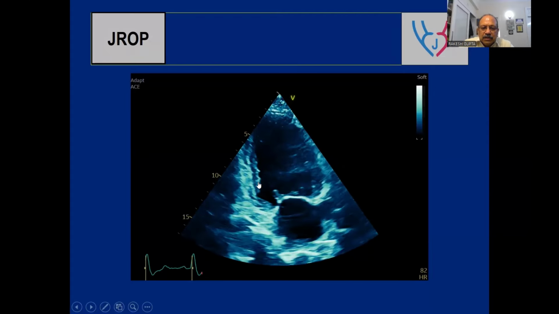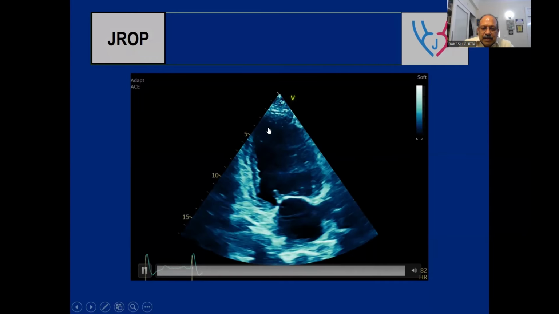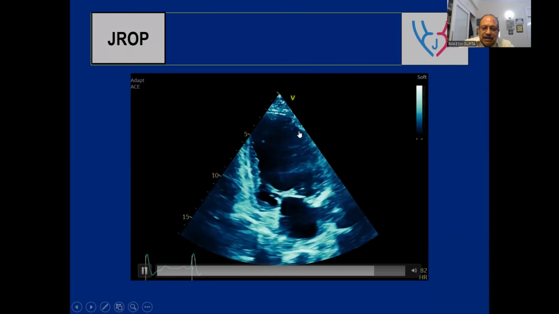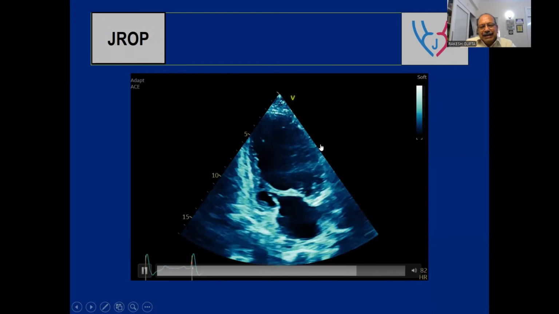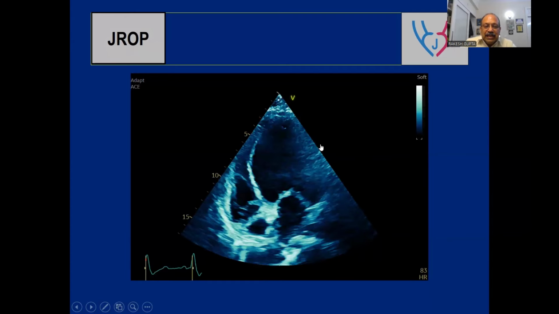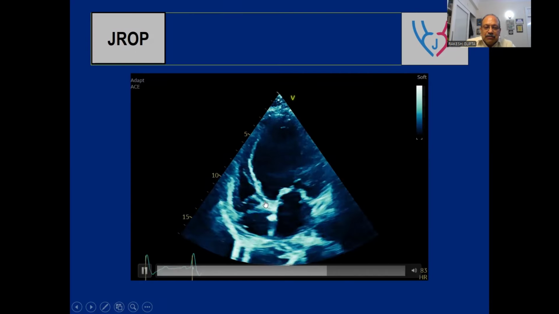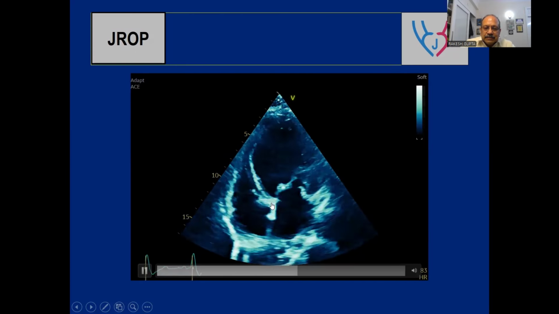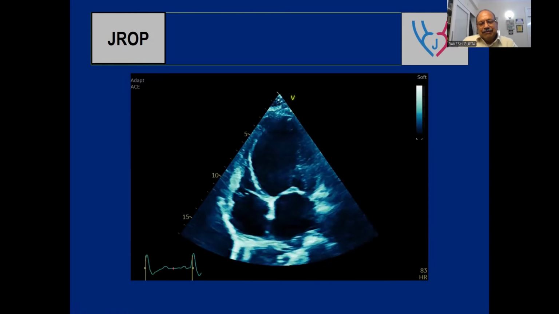Two chamber view. This is fine, but here apex, apical inferior, apical anterior, mid anterior, they are almost akinetic. So what are we looking for? LAD disease. And along with LAD disease, I'm looking at the septum also, which is almost thinned out and akinetic. So not a single vessel disease, it's a dual vessel disease.